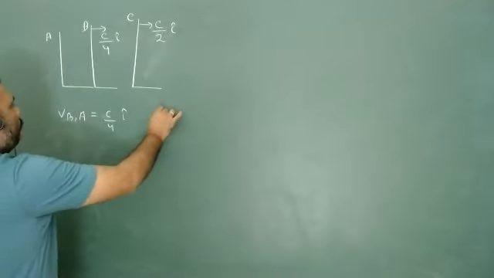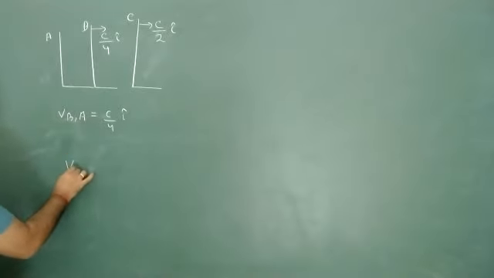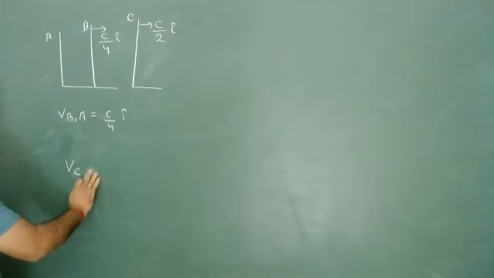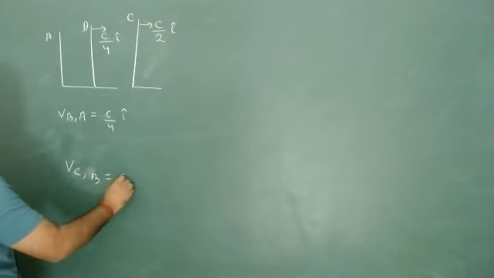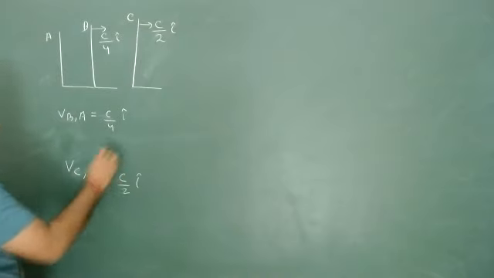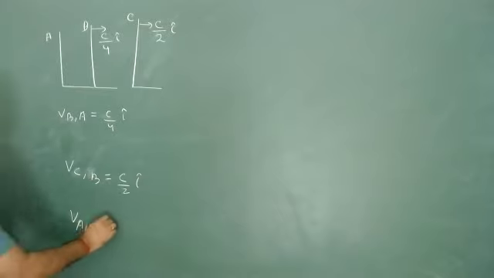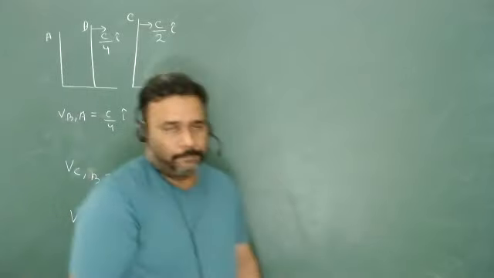And we have velocity of C with respect to B, which is C by 2 in the I cap direction. What do we have to calculate? Velocity of A with respect to C. We need to calculate velocity of A with respect to C.